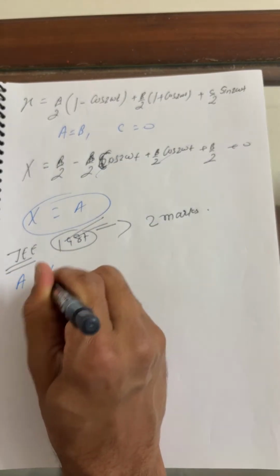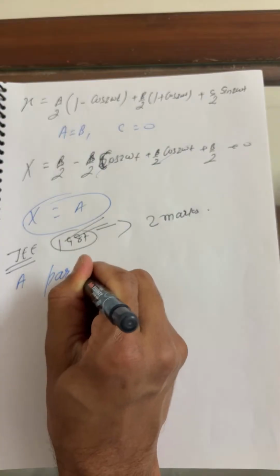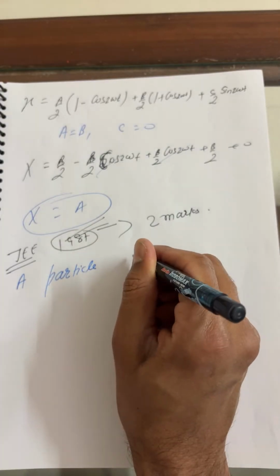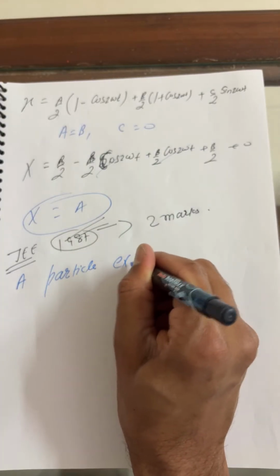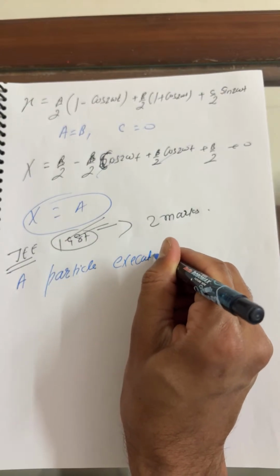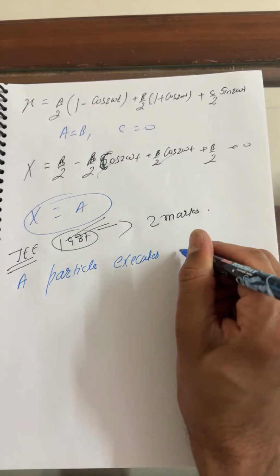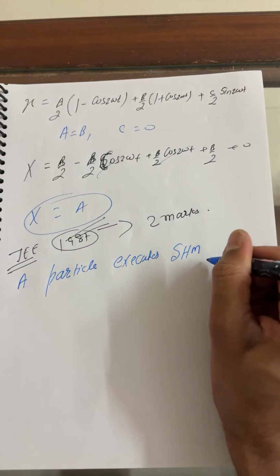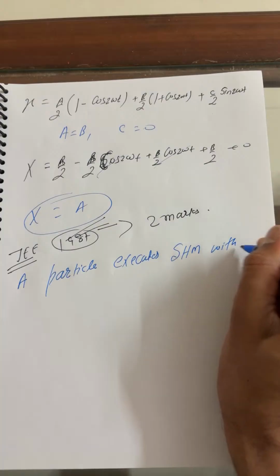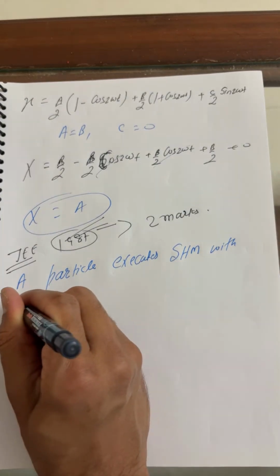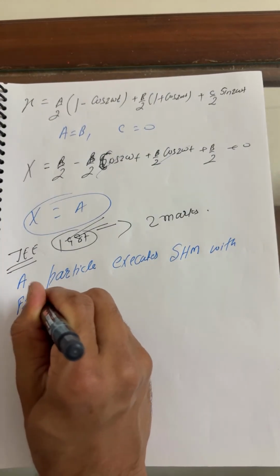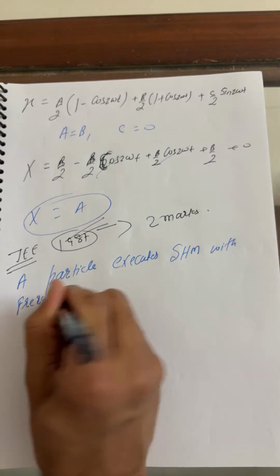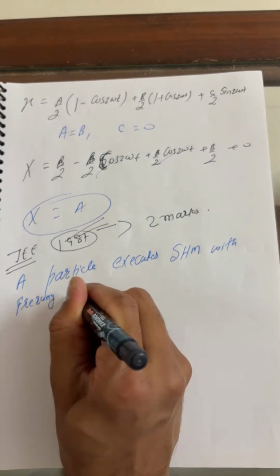It's very easy. A particle executes simple harmonic motion with frequency f.